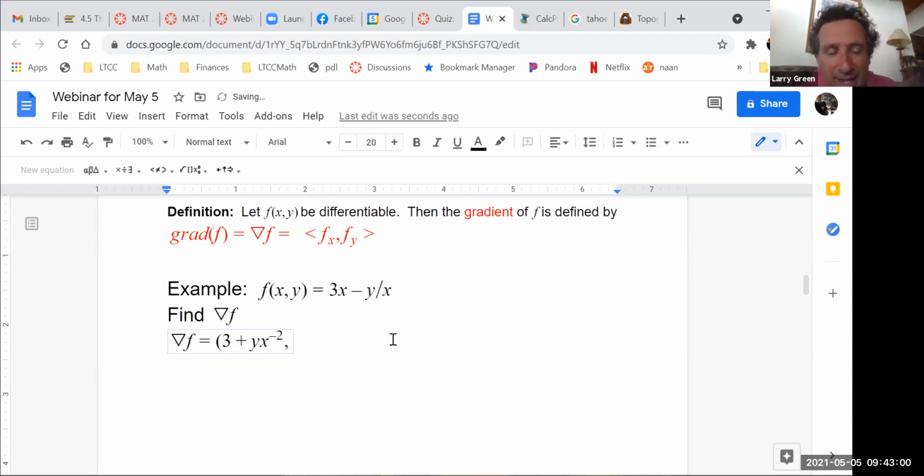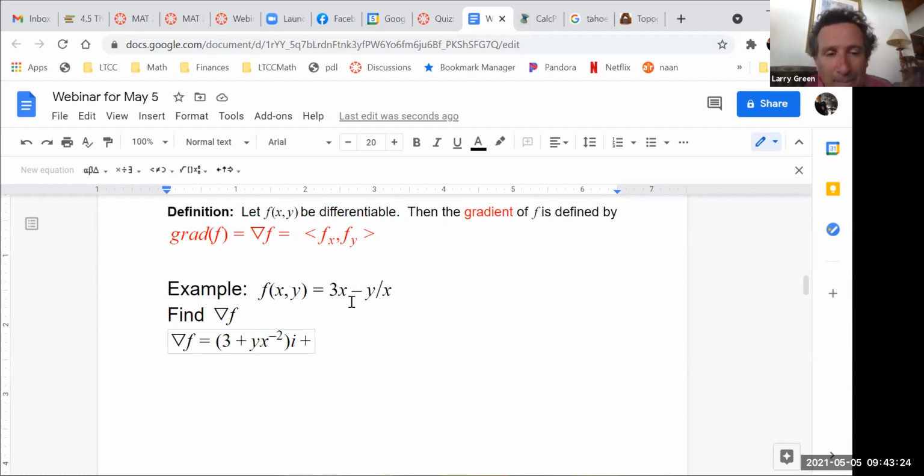And that's the derivative with respect to x. And I'm going to do it in ij notation just so you can get used to it. Sometimes I like to kind of show you both. So i plus, and now we take the derivative of f with respect to y. If we have 3x, that's just 0.